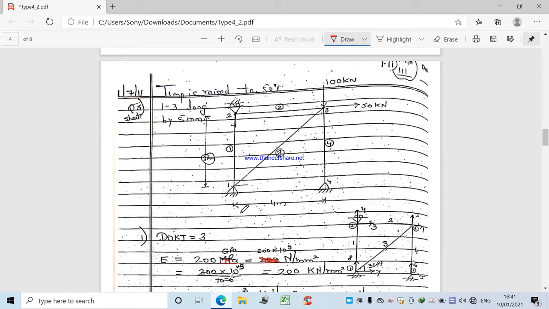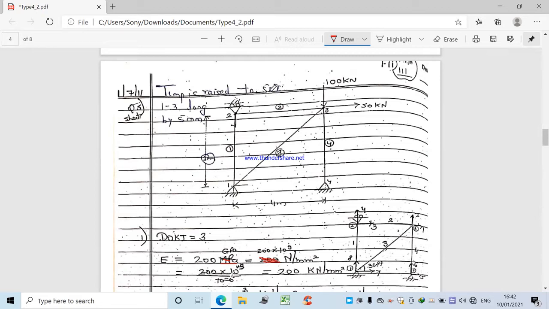So always remember, whenever a temperature rise is given, as shown on the screen, to 50 degrees Celsius to all the members, in that case we have to apply the compressive force. In the last lecture we applied the tensile force, because the temperature was a fall of 50 degrees Celsius.